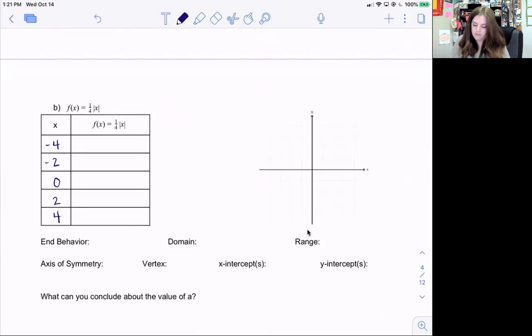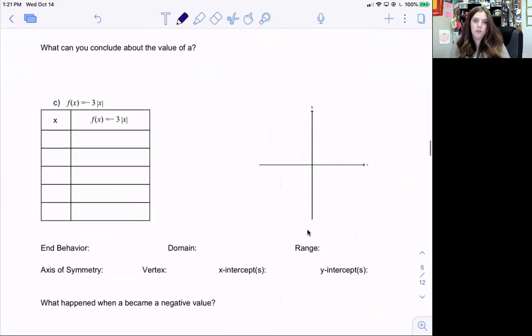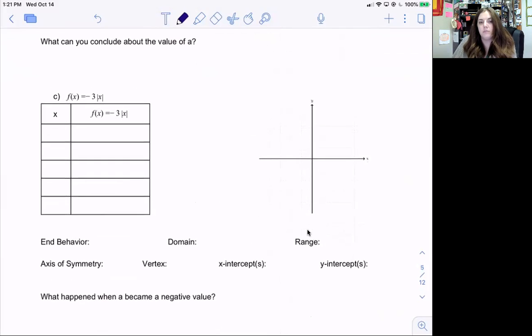So try that. And then I also want you to try C, where we have a negative value, and see if you can figure out what happens. For this one, let's use -2, -1, 0, 1, and 2. And we'll talk about what we get and what we can conclude in class.